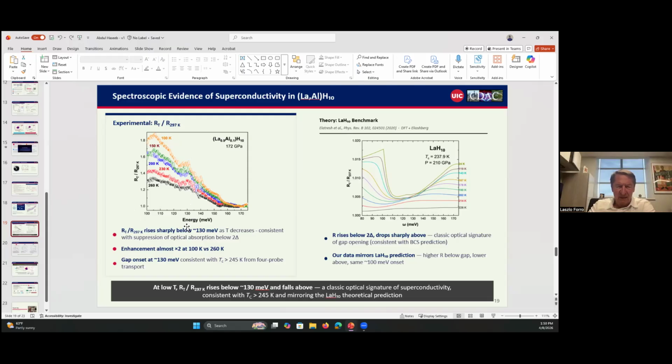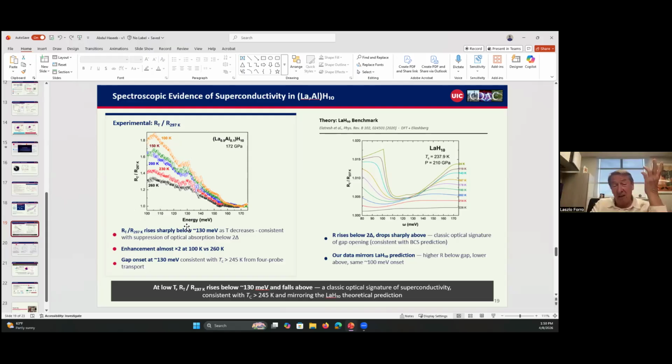Yes. Yeah, we are planning to do this with some other systems with around 100 GPa, so we can have bigger openings to get a bit more aperture as well. Yes, the question is exactly correct.